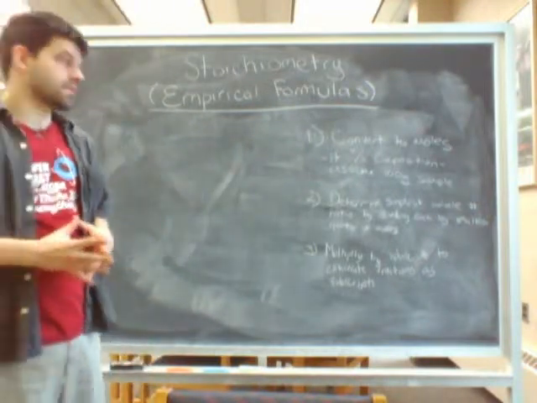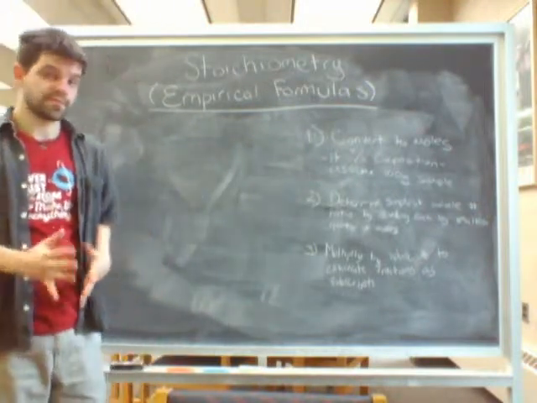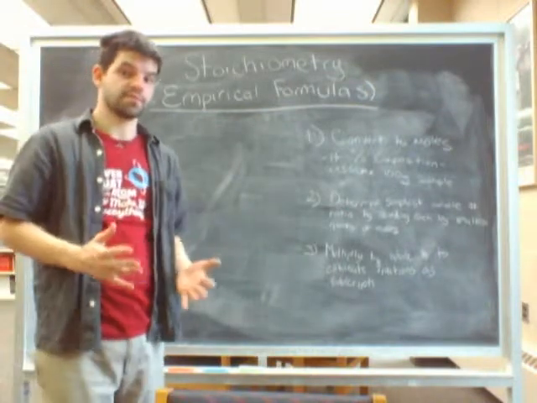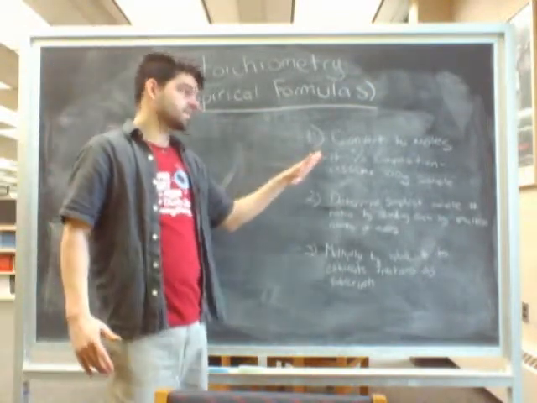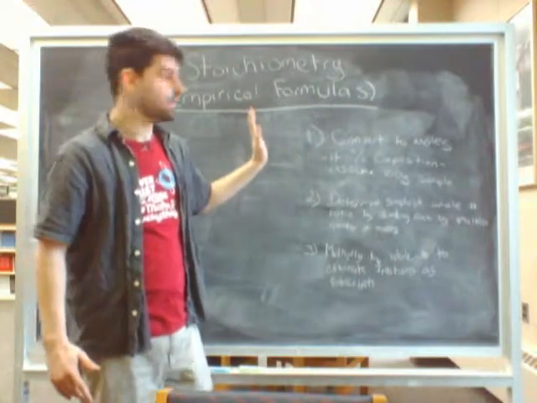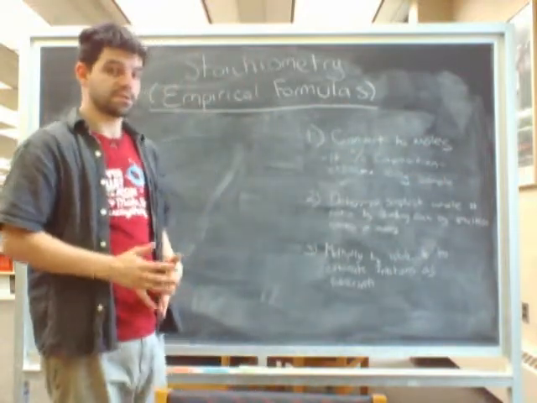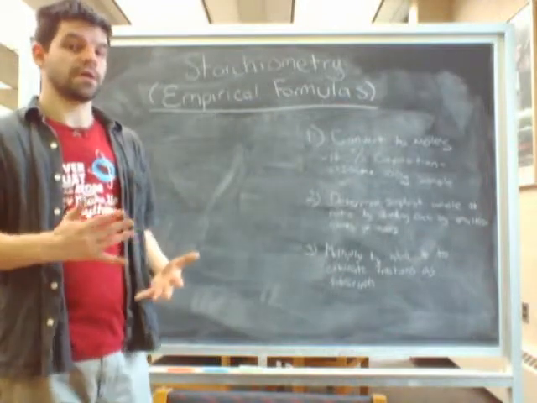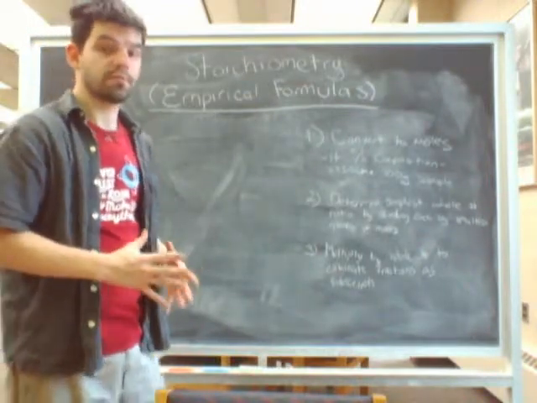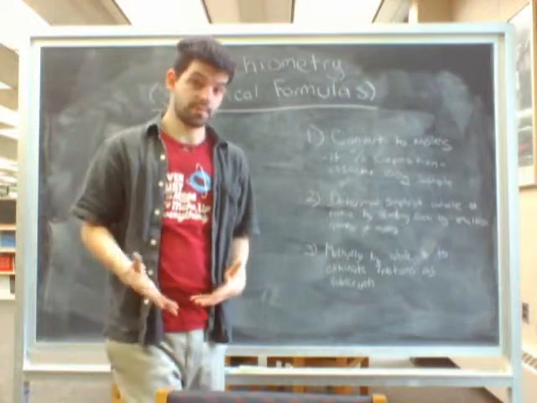Now, there are three main steps that we take for these empirical formula problems. The first is to convert to moles of all of the elements that you have. If you're given a percent composition of the sample, assume it is a 100 gram sample.